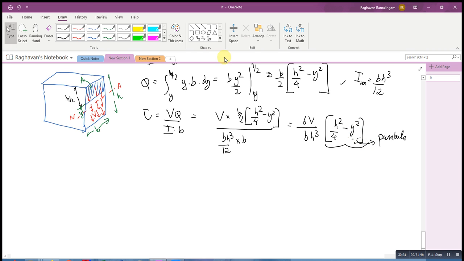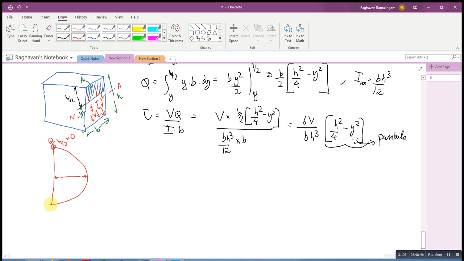Therefore, I see that my shear stress distribution along the depth for a rectangular section is a parabola. If I substitute y equals h by 2 here, this expression becomes 0 and I get 0.